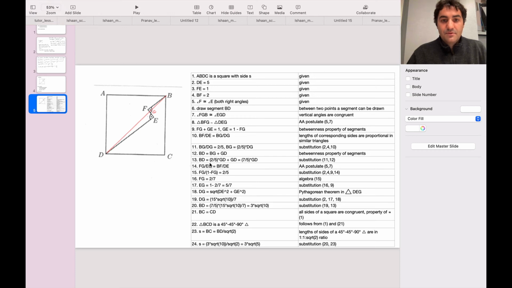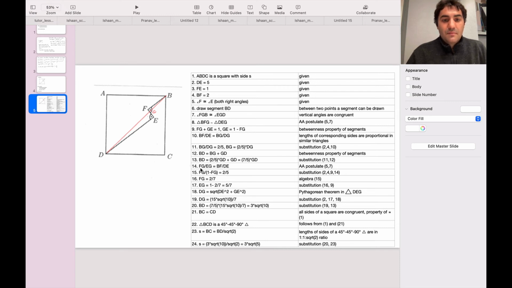And BD is equal to 2/5 times GD, right, which we got from statement 11, plus length of GD, so that's equal to 7 divided by 5 times GD.